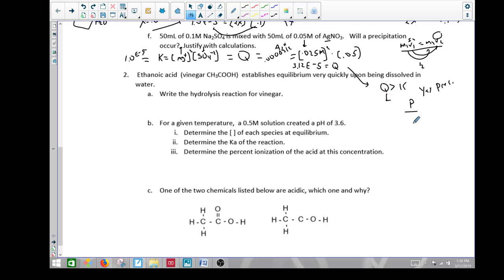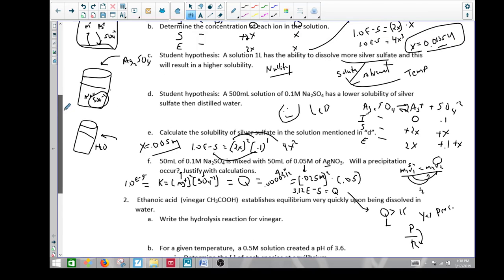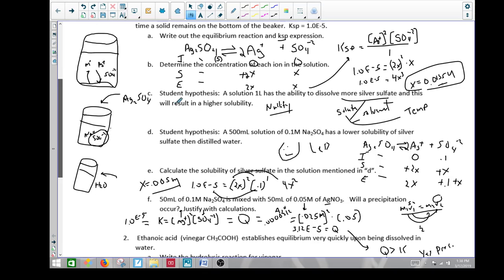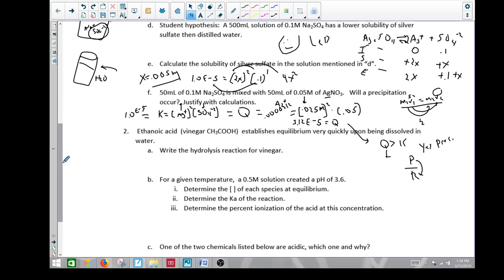I will be driving toward reactants, which means driving to the left, and that means more solid formed. However you want to do it, just don't memorize anything. We'll be able to work it out.